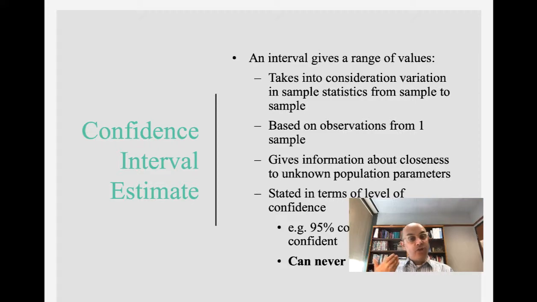One of the foundations of confidence interval is that it cannot be 100%. It can be 95%, it can be 99%, but it cannot be 100%. And so it is based on observation from one sample, and that's how we apply it.